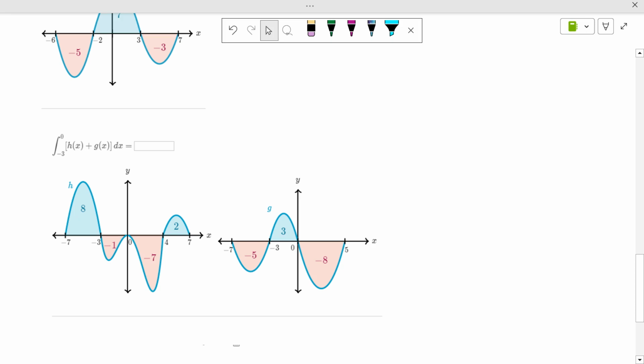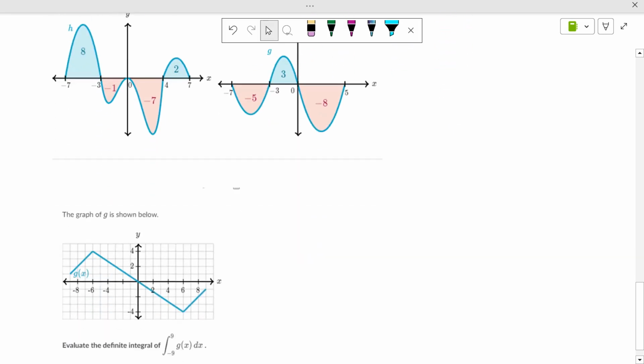All right, now this one is taking h plus g from -3 to 0. Well, -3 to 0 for h is -1. -3 to 0 for g is +3. -1 plus 3 is 2. Very simple math with some of these.